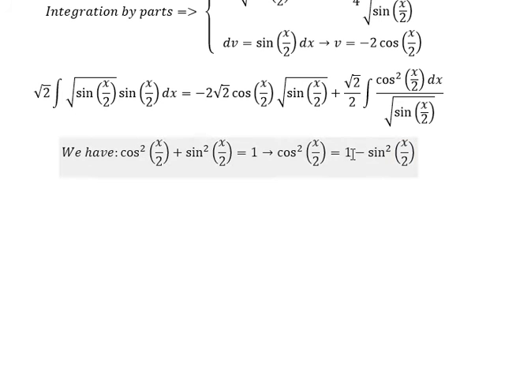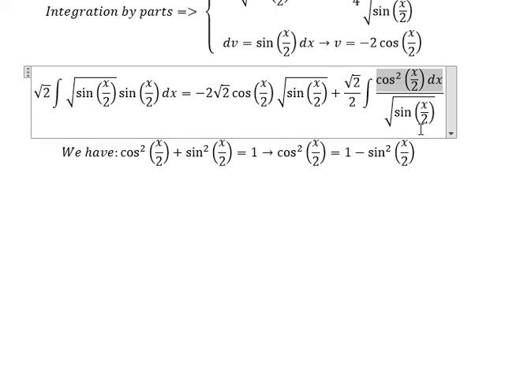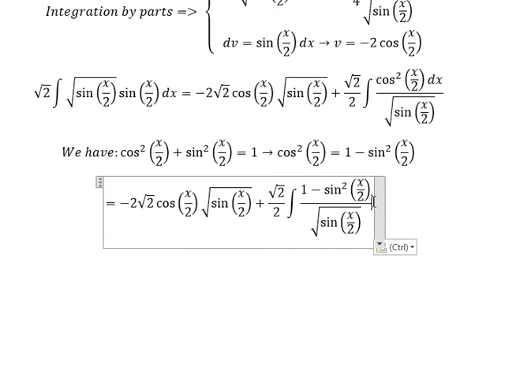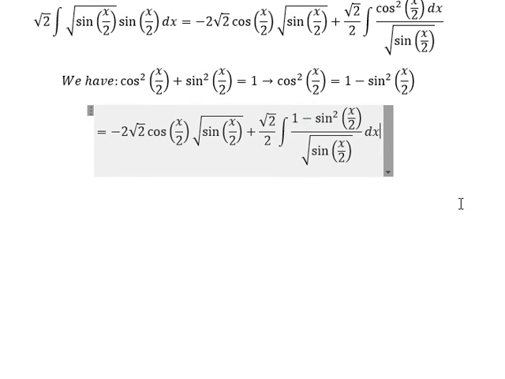So we will apply this one in here. So we put this one in here. And now we have two integrals in here.